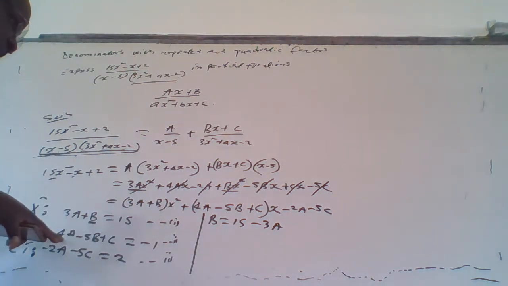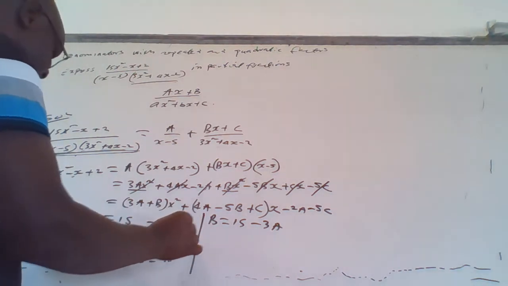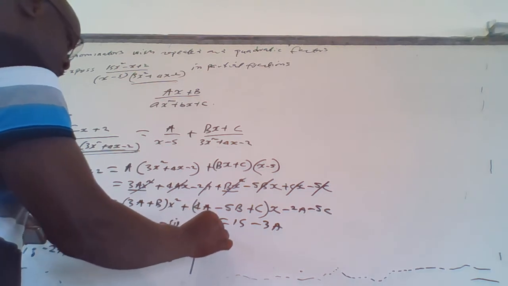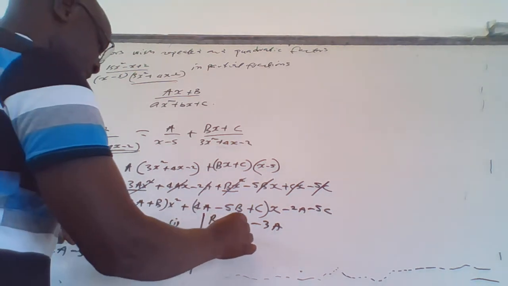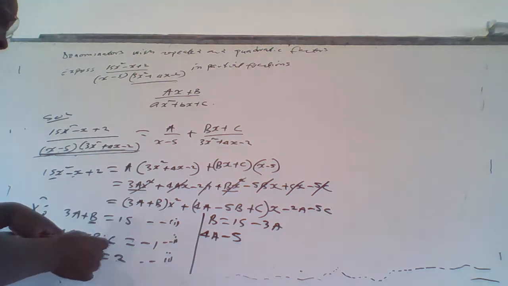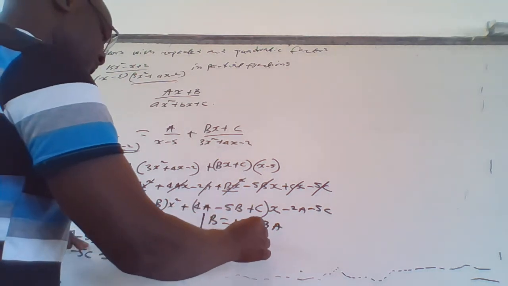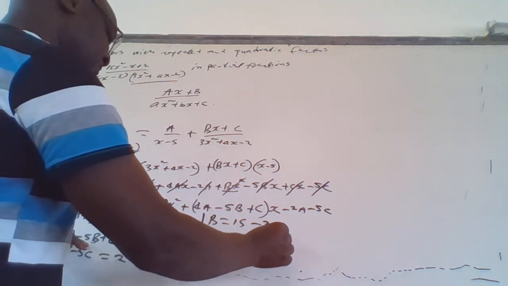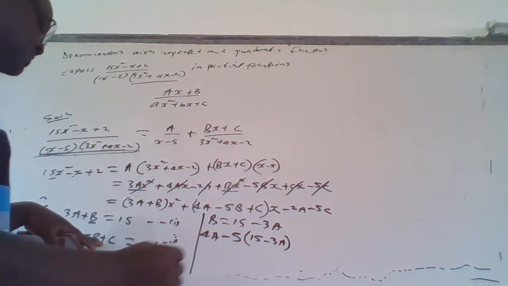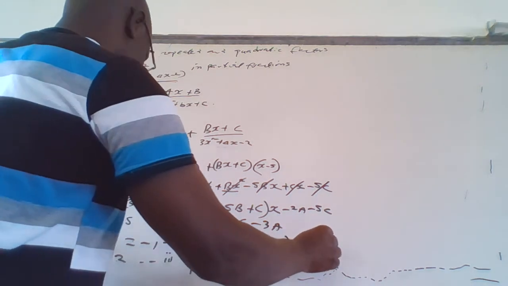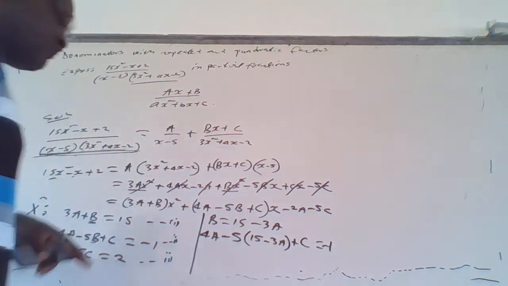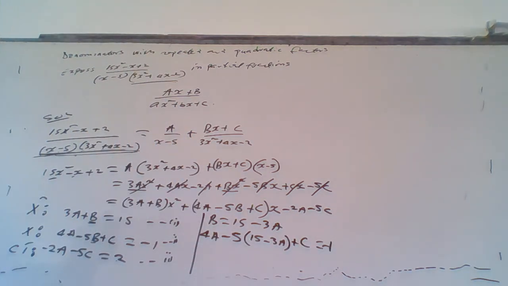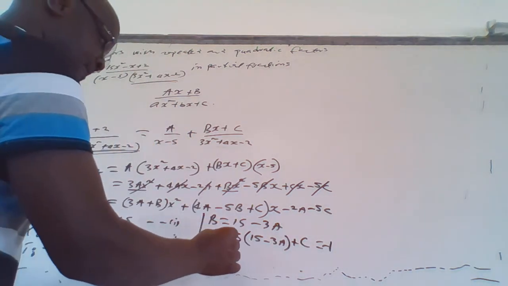So we can start with this one. We have 4a minus 5. We can now replace the value of b, which is 15 minus 3a, like that. Then plus c equals negative 1. Open up the bracket here.